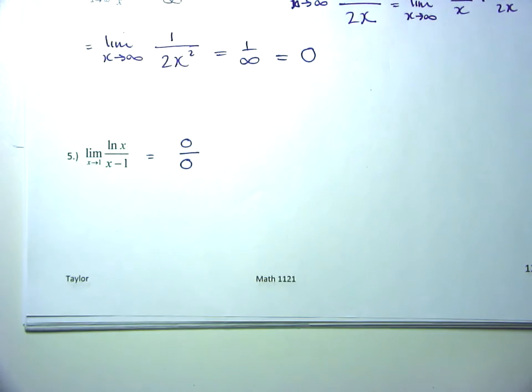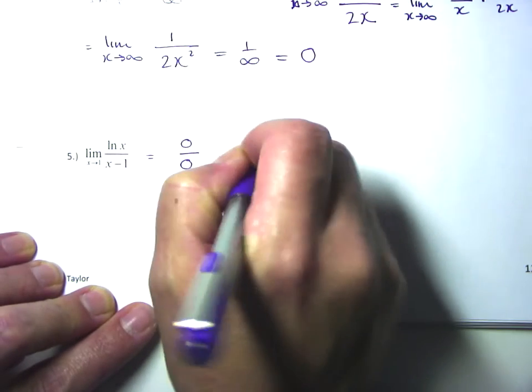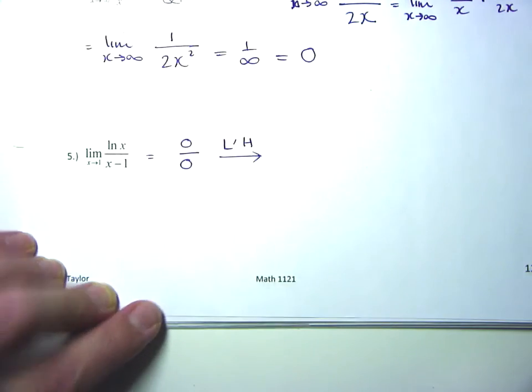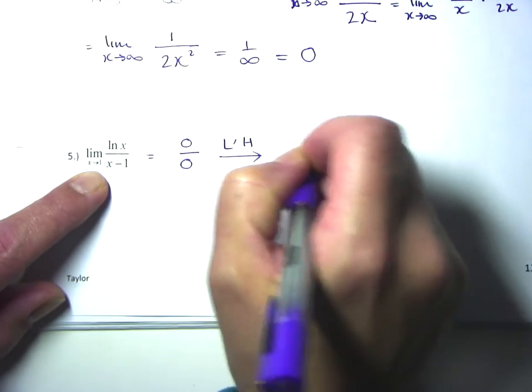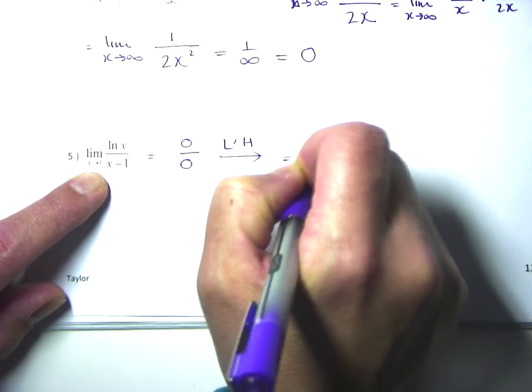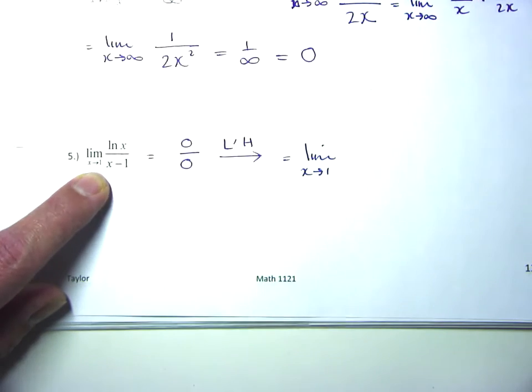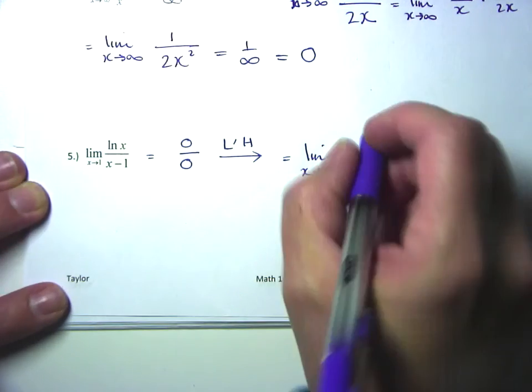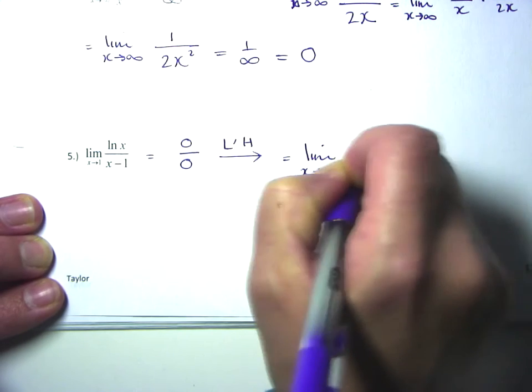All right, so there you have it. We have that 0 over 0 again, so we can use L'Hopital's rule. I'm going to set this limit equal to the limit as x approaches 1. Derivative of the top: the derivative of the natural log of x is equal to 1 over x.